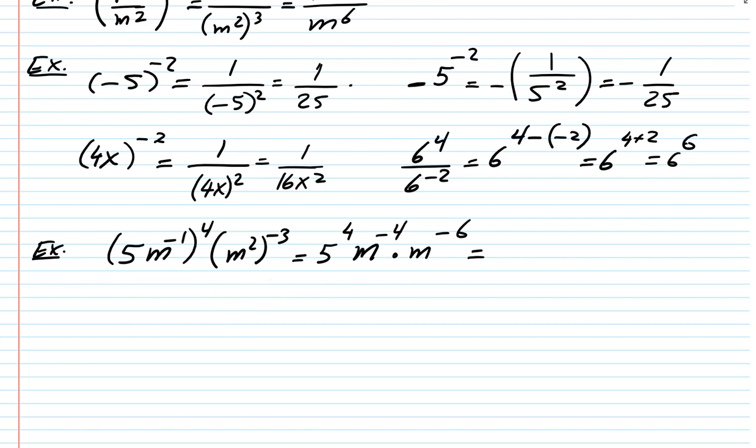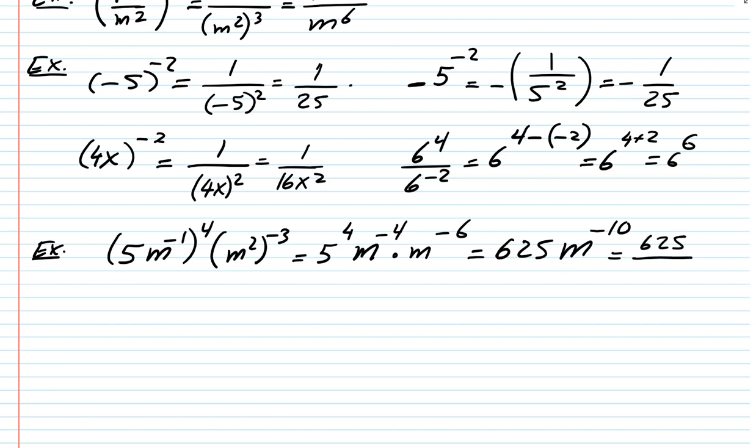And finally, 5 to the 4th, you could leave it like that, or 5 to the 4th would be 5 times 5 times 5 times 5, correct? And that one is going to be 625. M to negative 4 and negative 6 combines into m to negative 10. Now, we don't want negative exponents in our work.